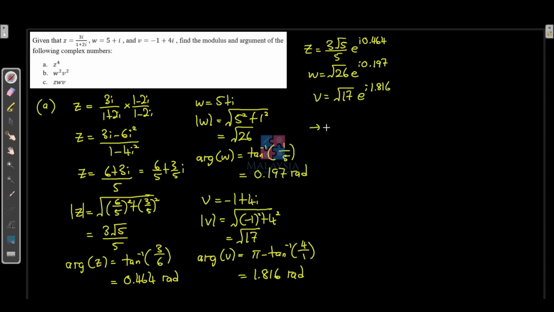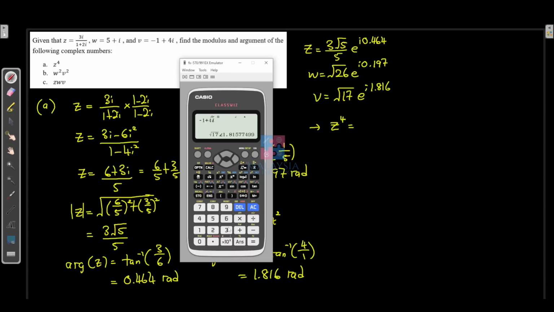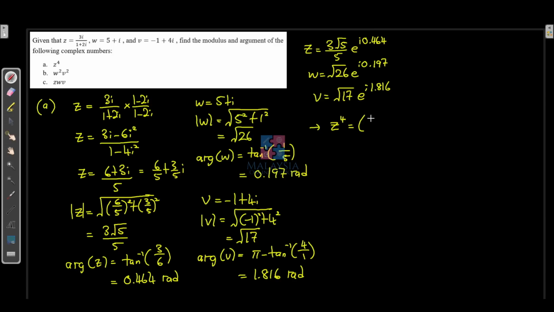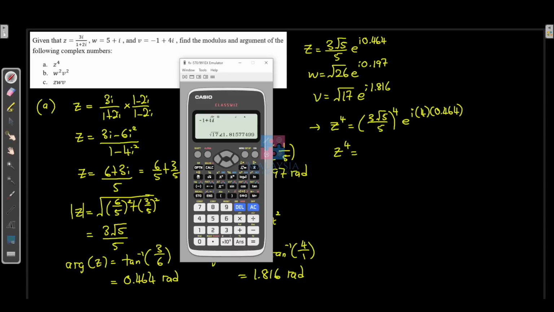For z to the power of 4, what we can do is raise the modulus to the power of 4, so we write 3√5/5 to the power of 4, and then e^i, where the argument we multiply by 4. As you can see, the process of getting the modulus and argument is now easier when we have the complex numbers in exponential form.